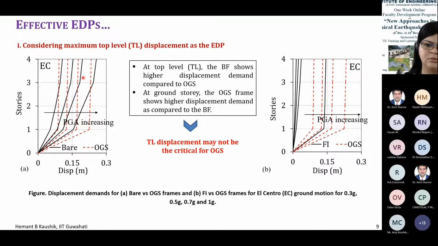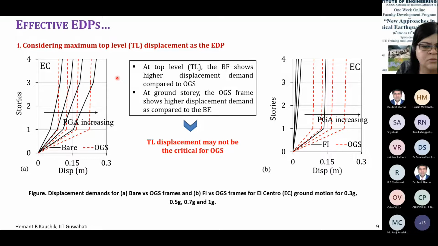Now, if we consider the top level displacement as the engineering demand parameter, it is very obvious here that the bare frames are subjected to higher demands, right? So that means you will then think that the bare frames are more vulnerable because demands are more. But that is not true, right?